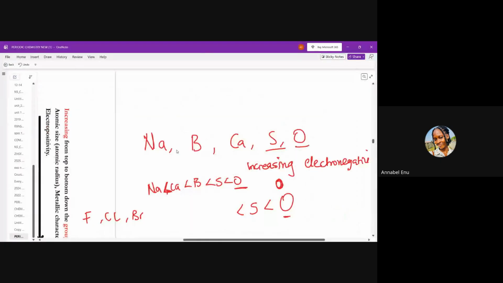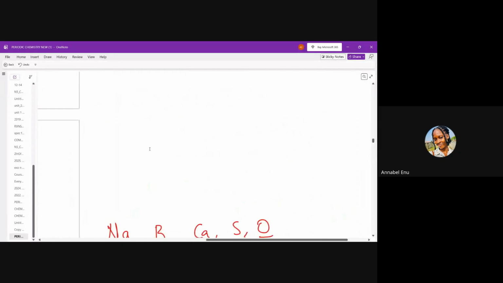We have aluminium, phosphorus, beryllium, calcium, nitrogen, oxygen. And we want you to arrange this in increasing atomic size.